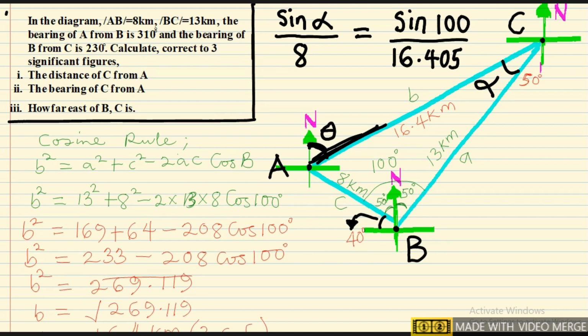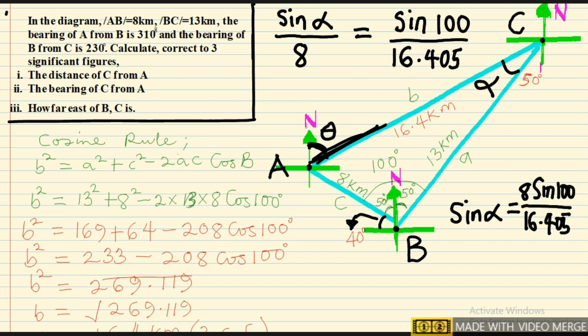16.405. Alright, working along with that, you cross multiply and get your sine alpha. Your sine alpha is equal to 8 sine 100 over 16.405. Press that in your calculator, and then take your arcsine.